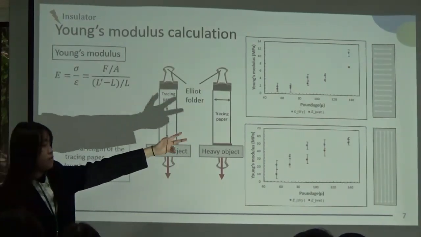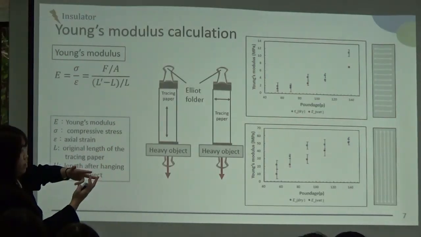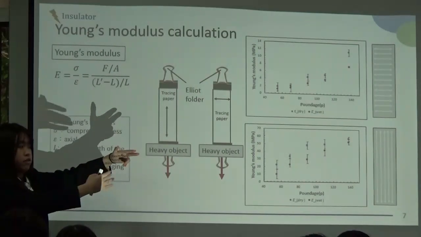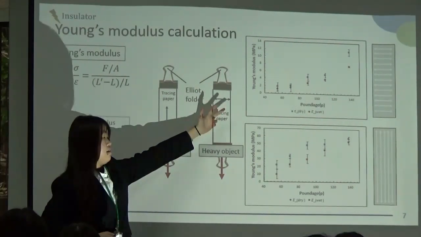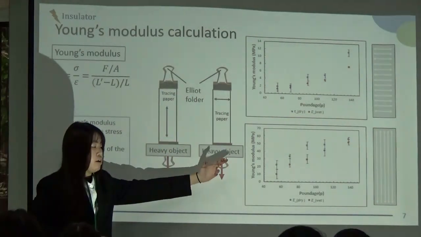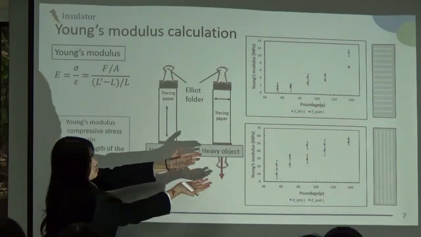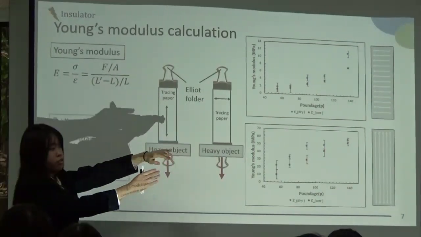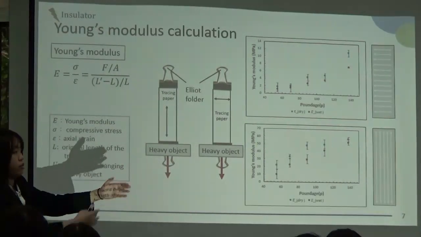And in the 2 graphs, we can know that if we want to lengthen the side parallel to the fiber orientation, the Young's modulus is bigger than for the side vertical to the fiber orientation. So we can know that if the tracing paper wants to curl like this, the force will need to be bigger than to curl like this. So of course the tracing paper will curl like this.